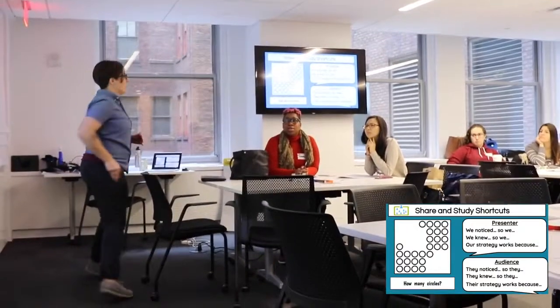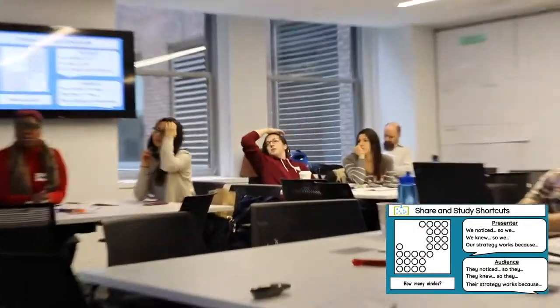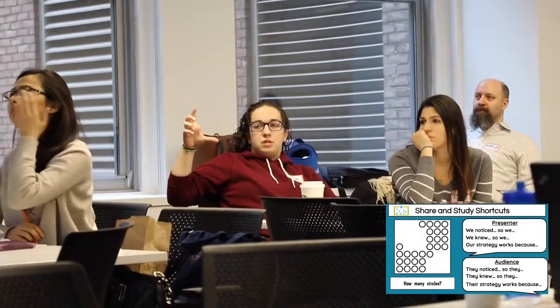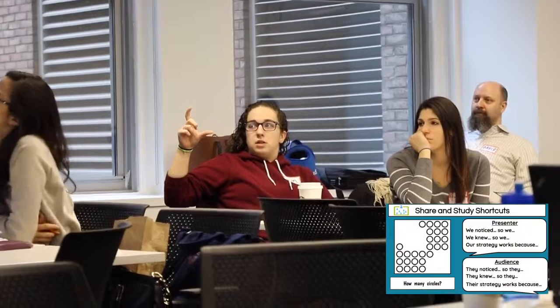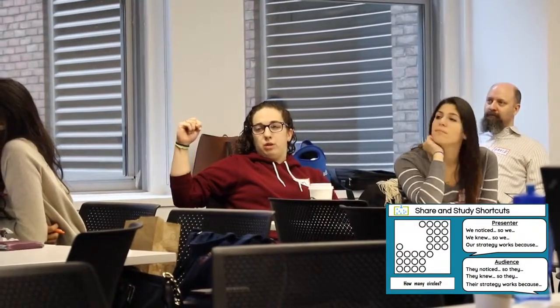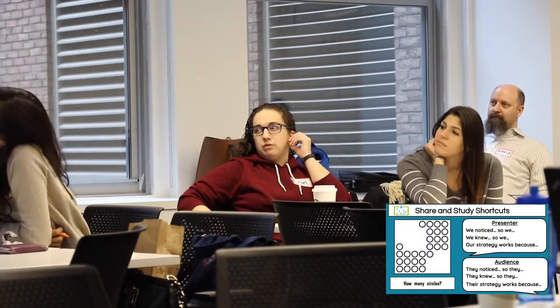Can I have a volunteer restate David's strategy there? Erin, go ahead. So we noticed that there were the 2 chunks of circles, and in both of them there was a 4 by 3 or a 3 by 4, which he knew would leave 12.